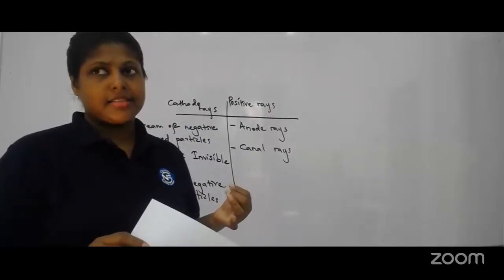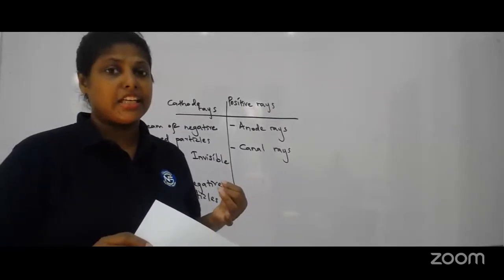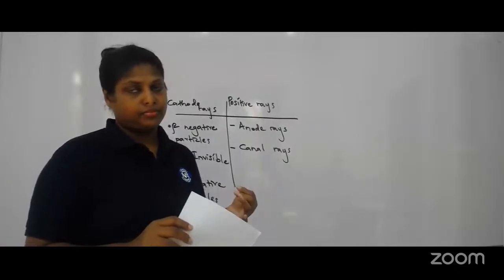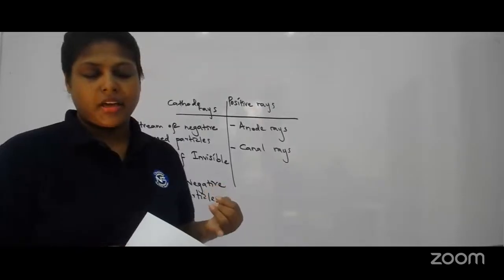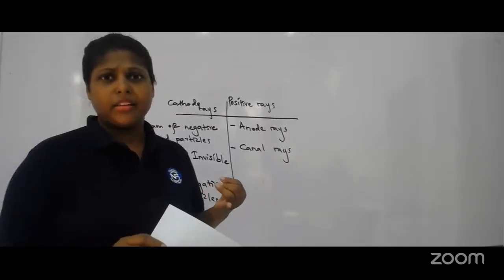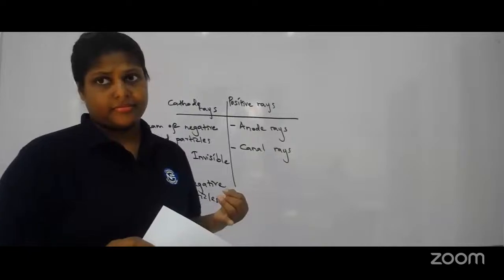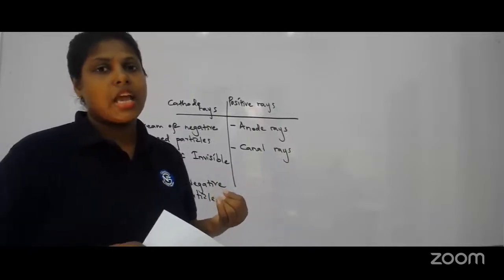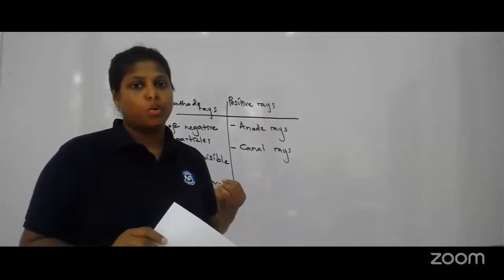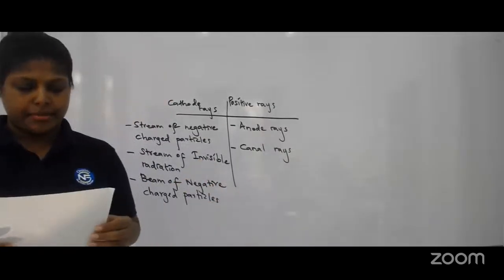Anode rays depend on the gases inside the tube. Anode rays have both mechanical and chemical effects. And anode rays have a lower EM ratio than cathode rays. So you can list them.